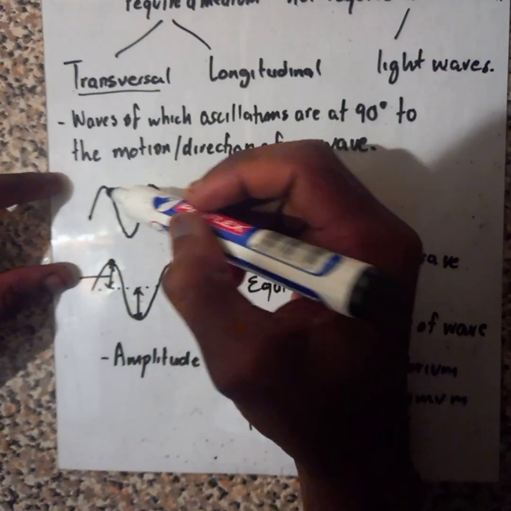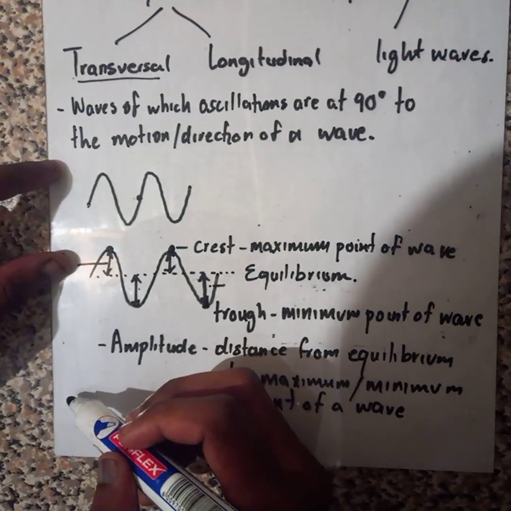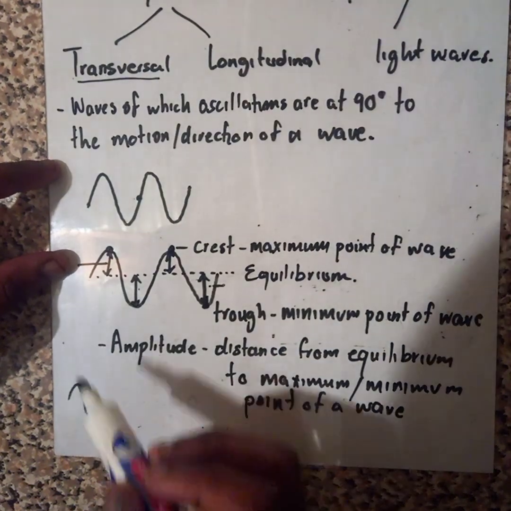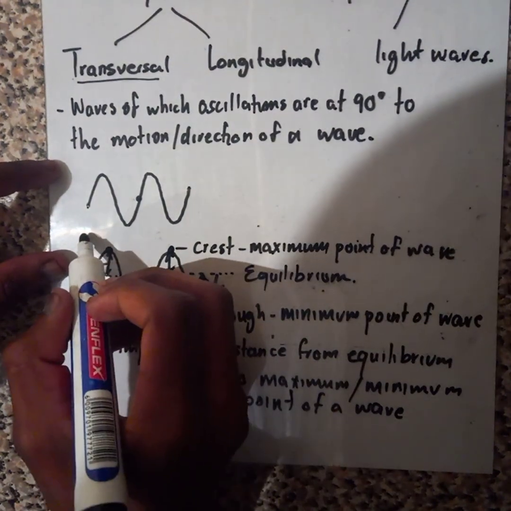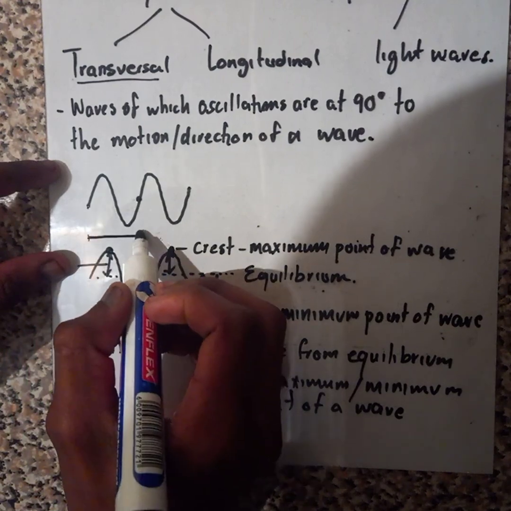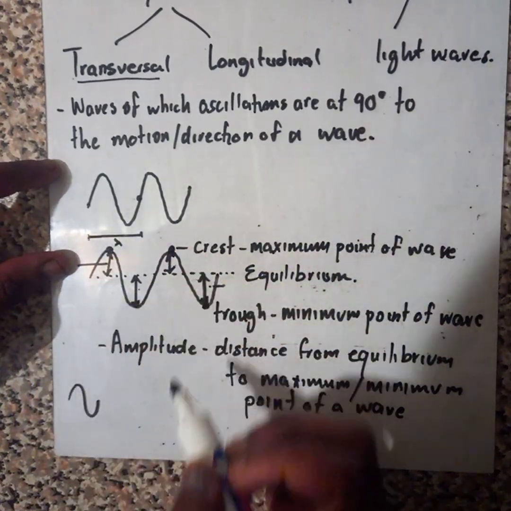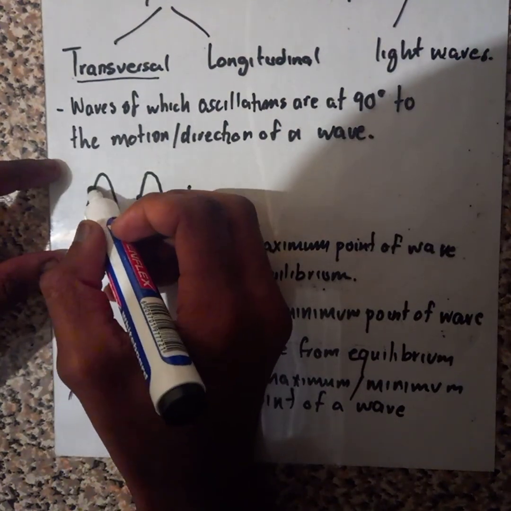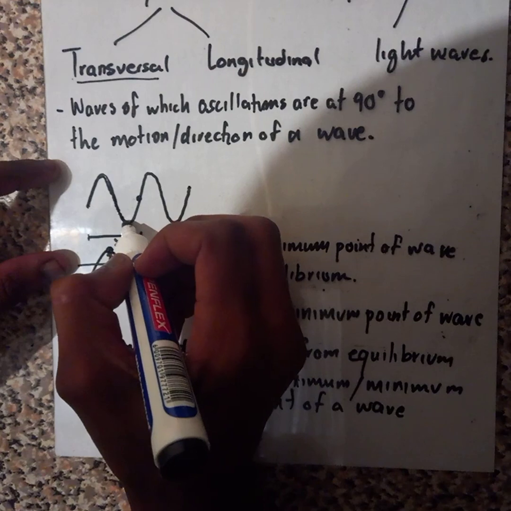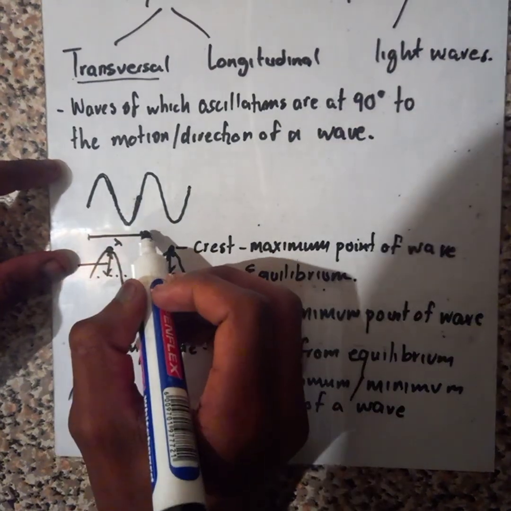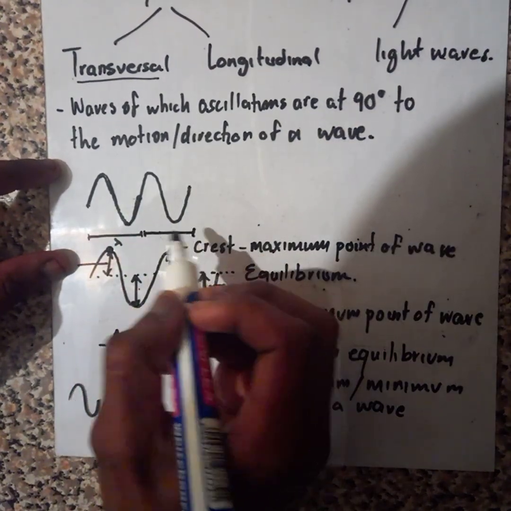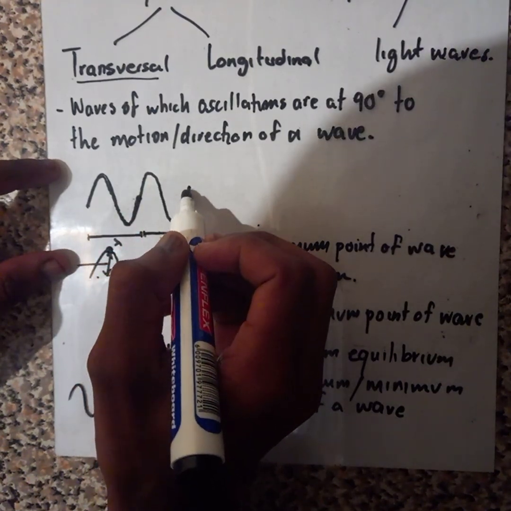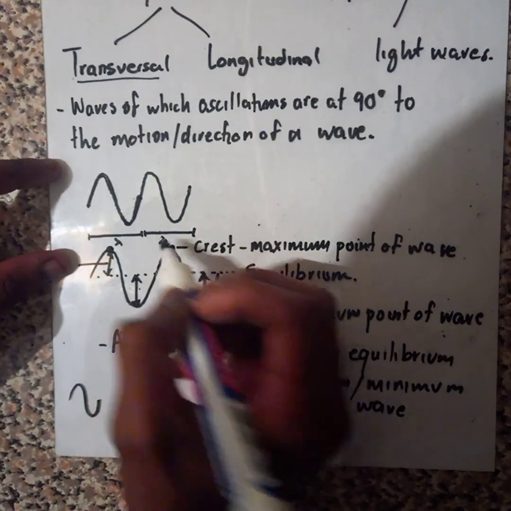One complete cycle is going to form sort of an S shape like this, a sine graph. From here to here, we have the first cycle. Then starting from here, we complete our cycle, and we have another one.